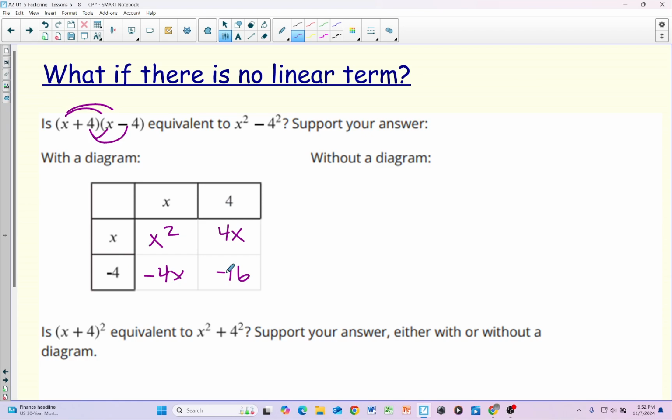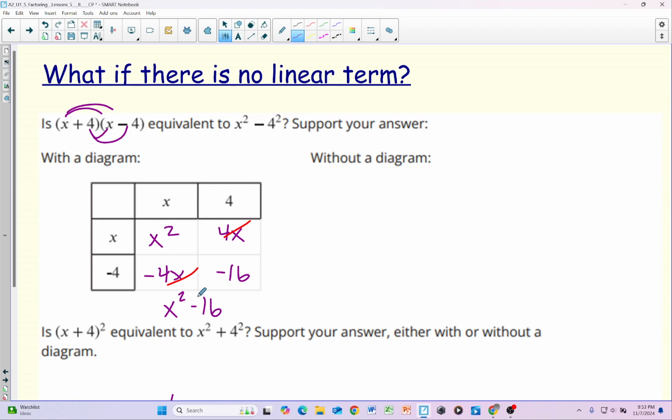Okay. So if I do this out, what happens? It looks like my like terms would be the 4x and the minus 4x, but those cancel out. And what I'm left with is x squared minus 16.